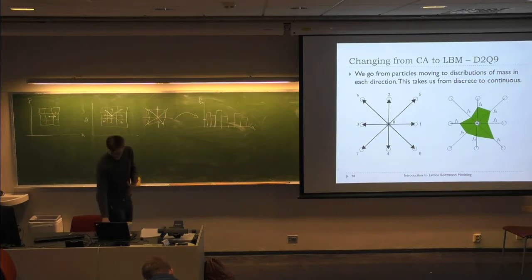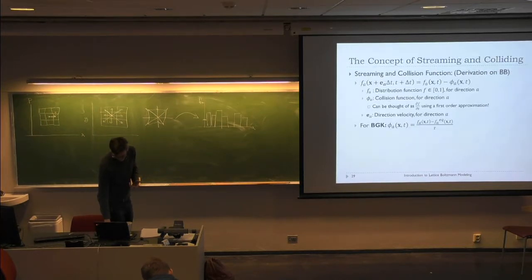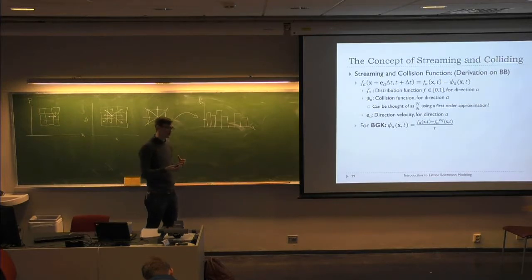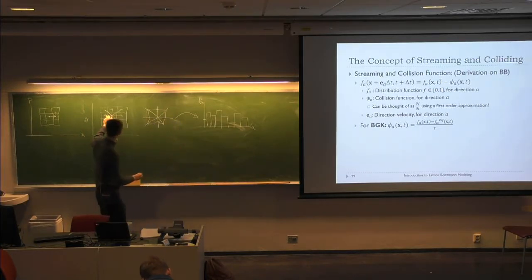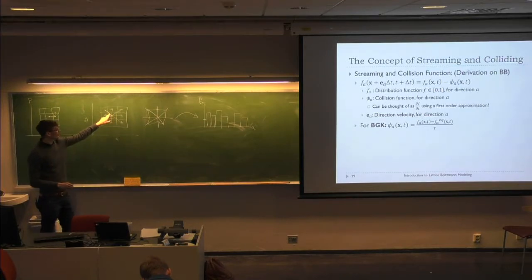So it should be intuitive that this should be kind of proportional to how much mass we have in that node, or the density, right? Because we have a grid like this, and we know more or less how many particles there are. We just need to scale it.